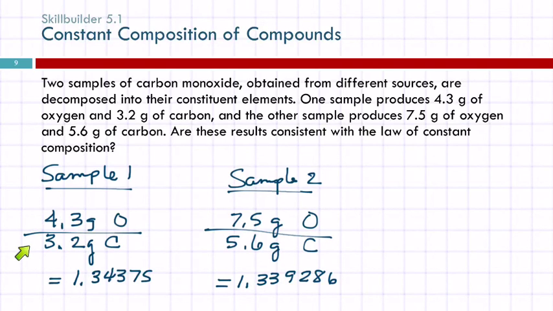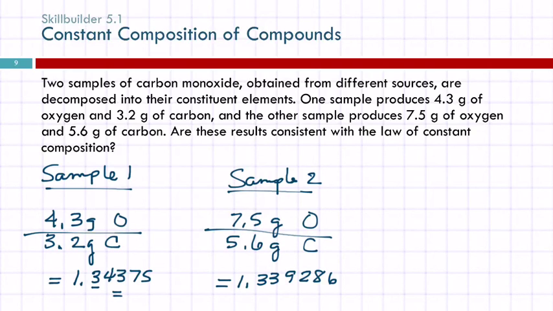These are measurements. There's uncertainty in the measurements, and these are not even very precise measurements. 4.3, that's to the nearest plus or minus 0.1 grams. And so if we look at significant figures, what happens? Well, 2 sig figs and 2 sig figs, we're dividing them, right? So then our answer should have the same number of significant figures, 1.3.